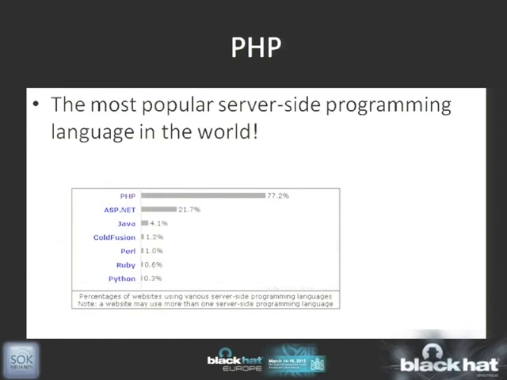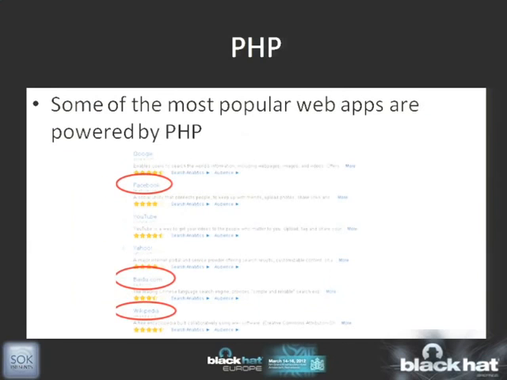We mentioned that PHP is very popular, and in fact it's the most popular server-side programming language in the world. These stats are taken from the w3techs.com site, and they show that almost 4 out of 5 servers run PHP. It's pretty impressive. One could say that maybe just small sites run PHP, and bigger sites will go with another platform.